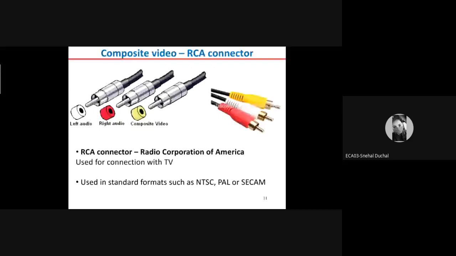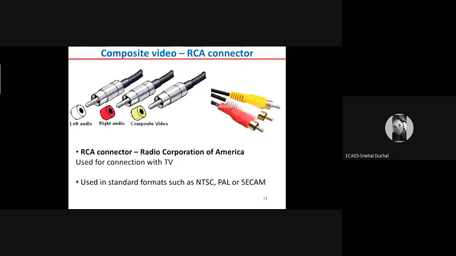Yes or no? If you observe the television, at the side of the television we can see these three types of colored wires: red, white, and yellow.